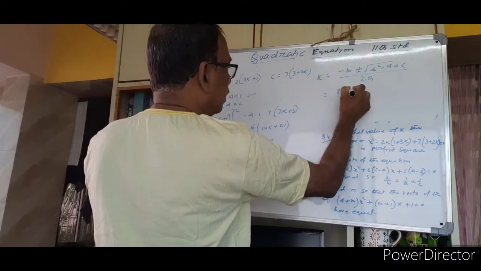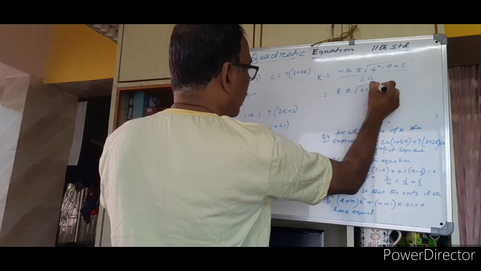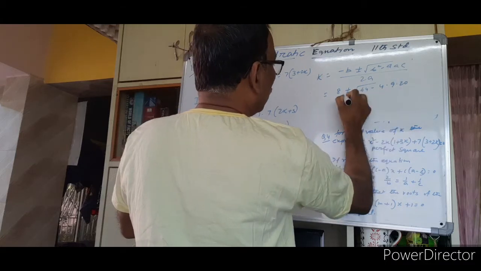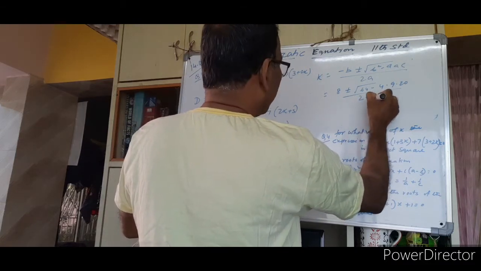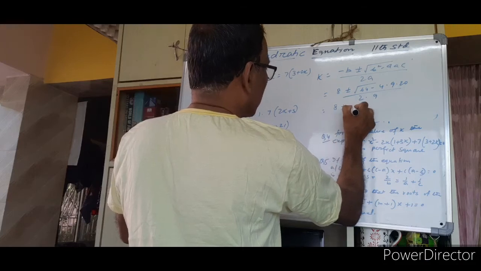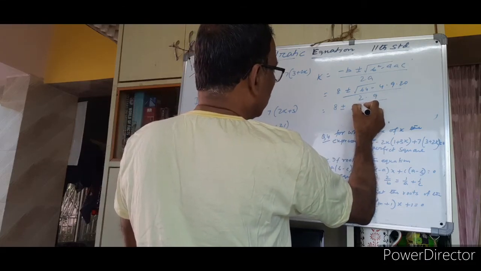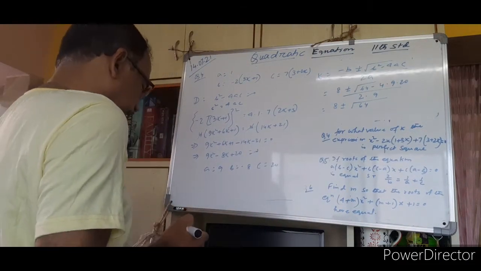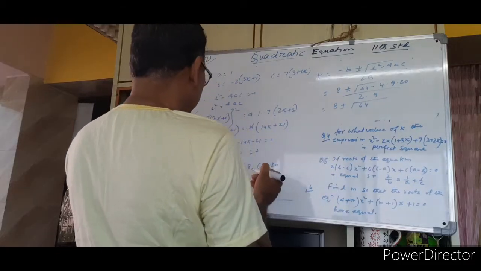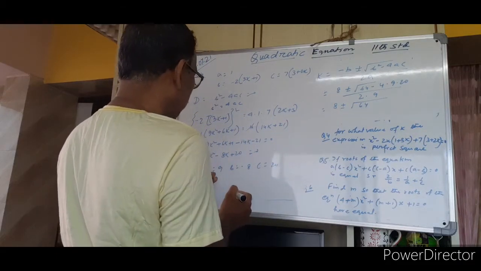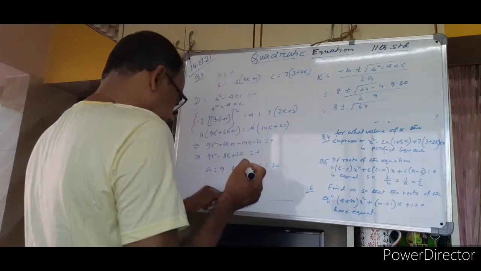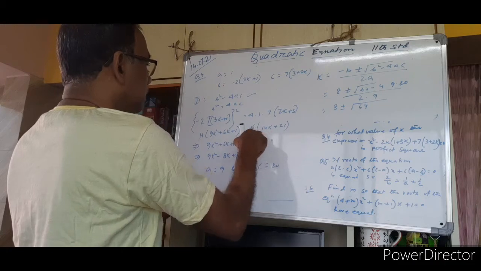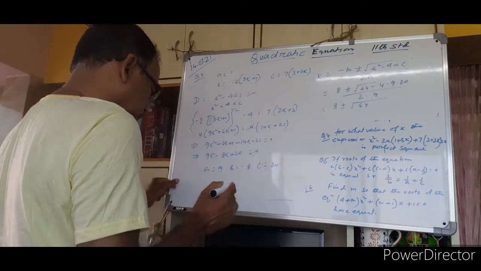That is 8 plus minus root over of 64 minus 4 into 9 into minus 20, over 2 into 9, equals 8 plus minus root over of 64 plus 720 over 18. Here b square is 64, and here c is minus 20.